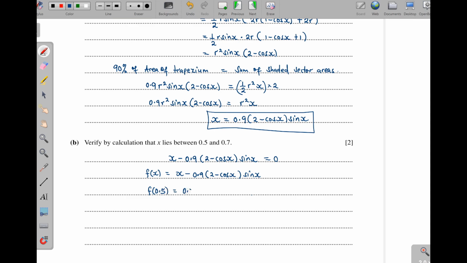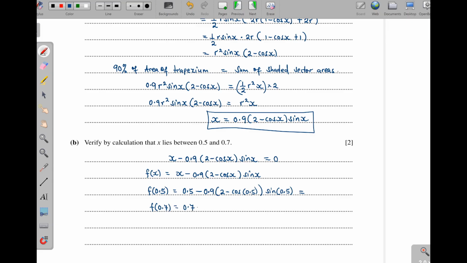So f of 0.5, we shall get 0.5 minus 0.9 into 2 minus the cosine of 0.5, then sine of 0.5. What do we get here? Then we also get f of 0.7.